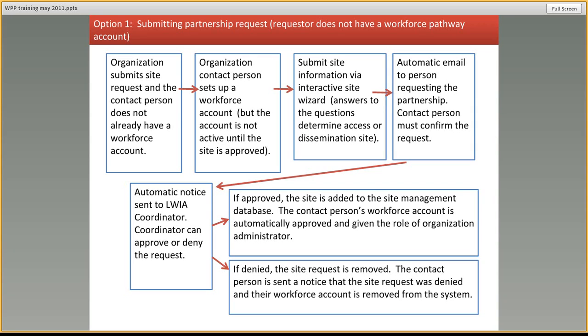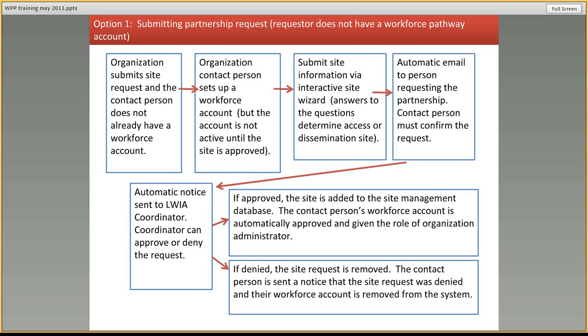That way, we just make sure that it really is a legitimate person that wants to do that. They click yes, or click this link, and it'll send you, the coordinator, an email to approve the site. If the site is appropriate, we'll look at site management here in just a second, and you can just select that it's approved, or you can deny it.